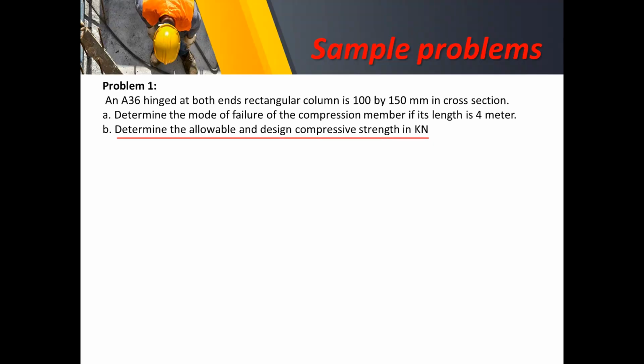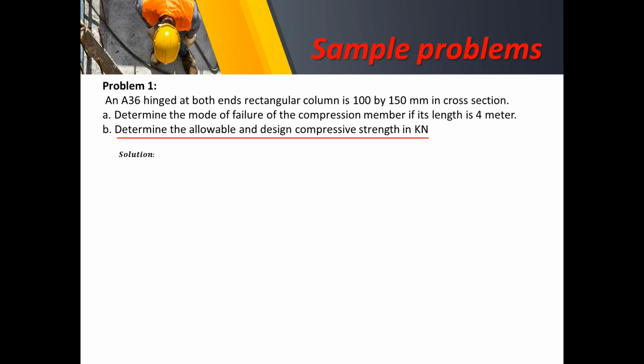So for letter B, we determine the allowable and design compressive strength. When we say allowable, we are referring to ASD, and the design load or the design strength is LRFD. So as a solution, of course, we base our strength parameters on the result, wherein the result is long column.